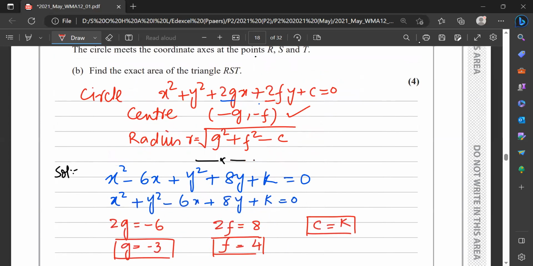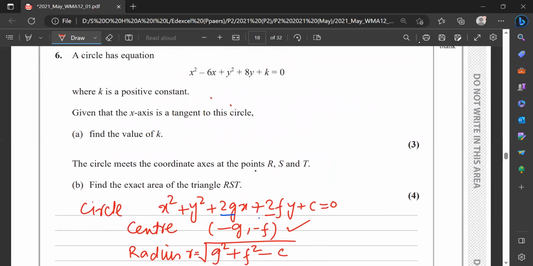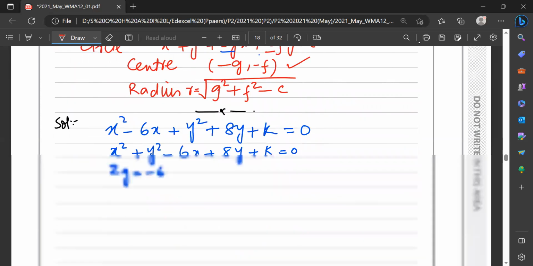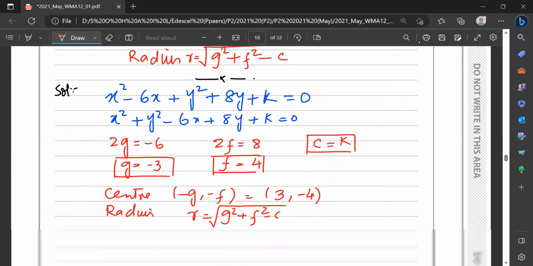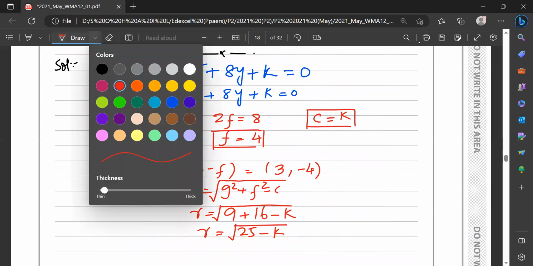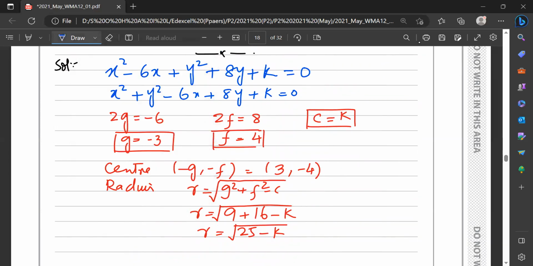After identifying the radius and the center, the important condition is given that the x-axis is tangent to the circle. I can get the idea by drawing a rough circle. The center is 3 comma minus 4, and the x-axis is tangent.